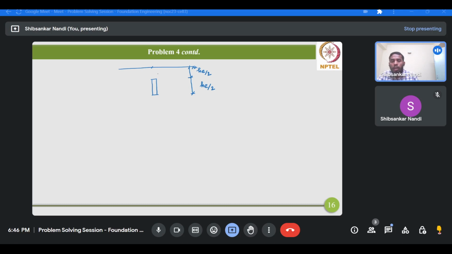Now what will happen, since this force will act in this manner, the anchor is basically moving in this direction, so this part will be under passive condition and this part will be under active condition. Okay, so the left hand part will be under passive condition, and the right hand part will be under active condition. Now considering this, the earth pressure distribution.